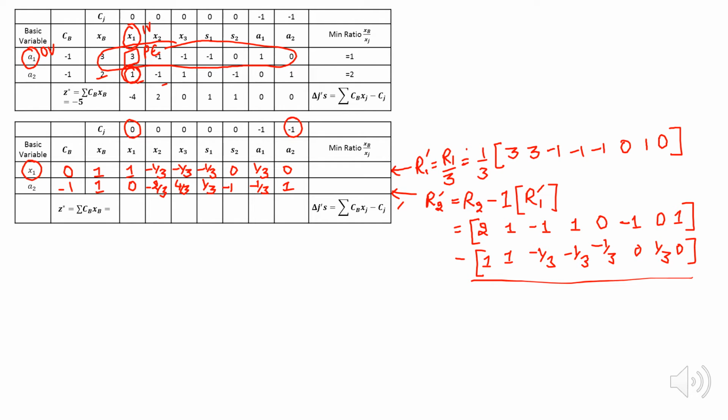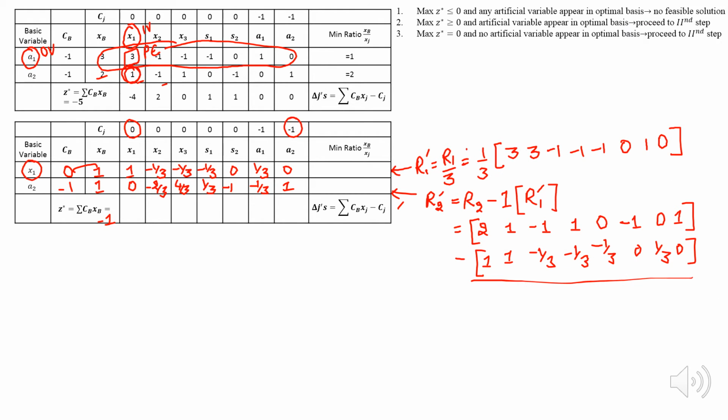Now we will calculate the z value. The z value is 0 into 1 is 0 and minus 1 into 1 is minus 1. Again my z is less than 0, so again it is a non-feasible solution. Okay, so we have to again improve our simplex table.